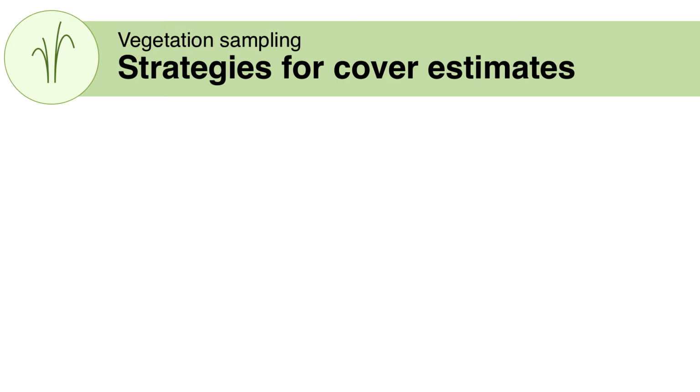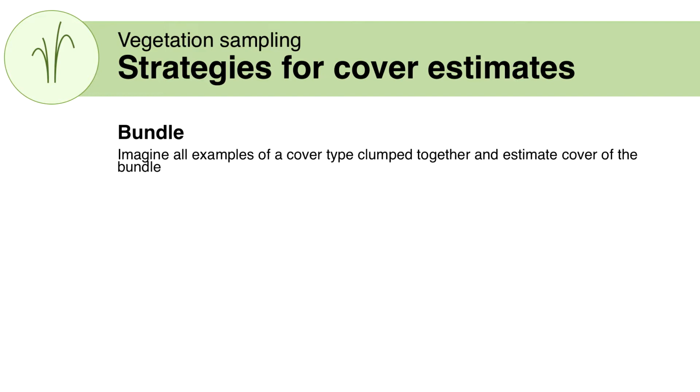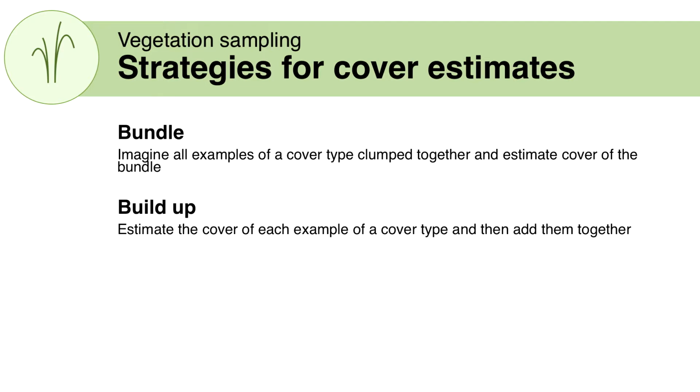Okay, so let's recap the strategies for estimating cover. We can bundle, where we imagine all the examples of a cover type are clumped together in one part of the plot, and then estimate the cover of that bundle. We can also build up by estimating the cover of each example of that cover type and adding them together.